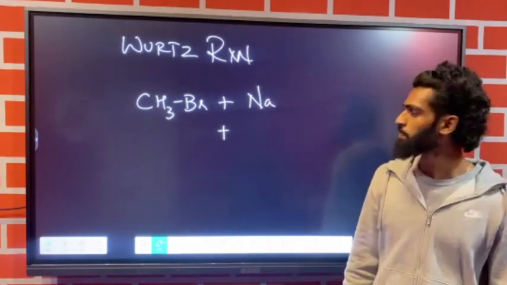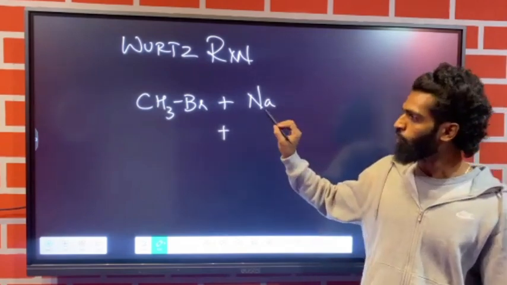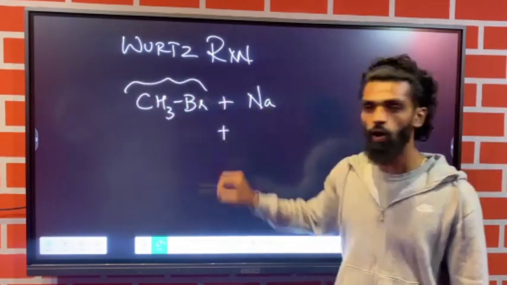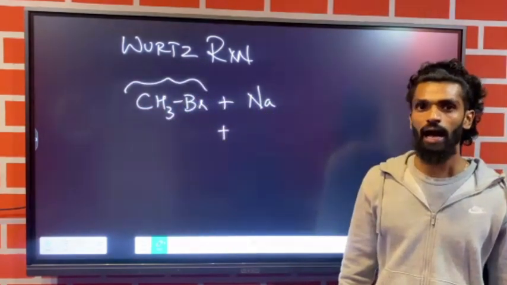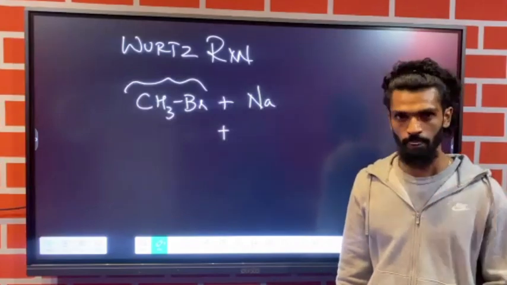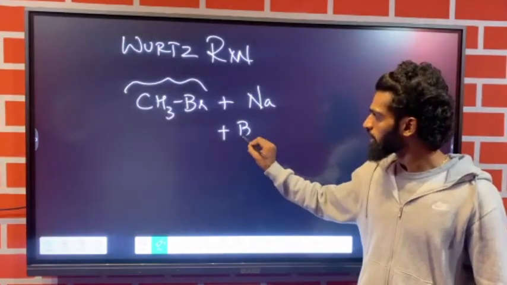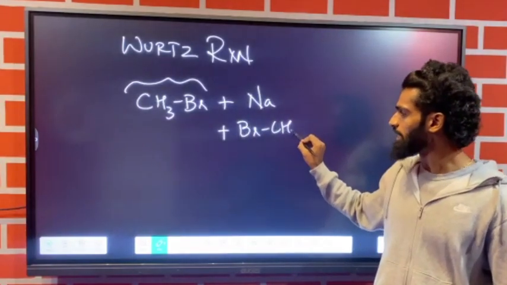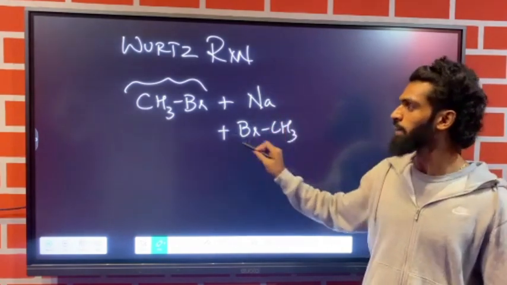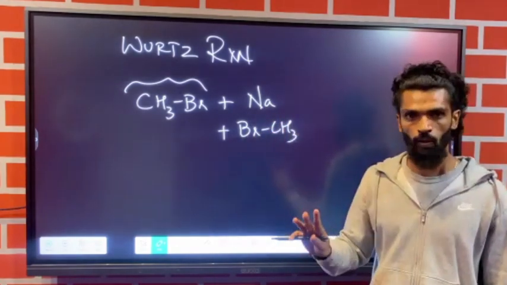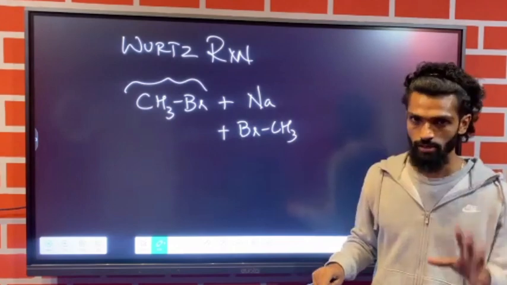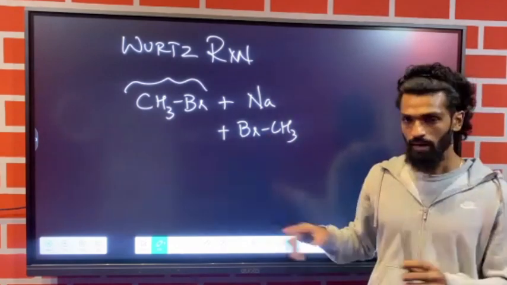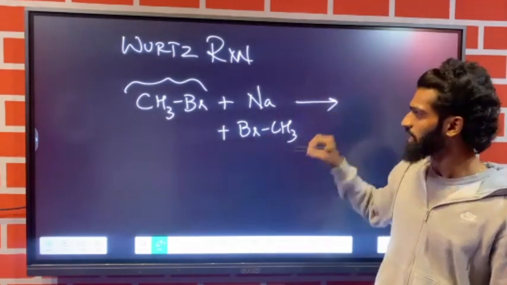What you will do, focus: instead of whatever you wrote first, called an alkyl halide, you will write the same thing, but the other way around. Technically speaking, this doesn't make sense. But I'm trying to explain the reaction to you. Now, is it balanced? Not yet balanced because I still haven't started the right hand side.